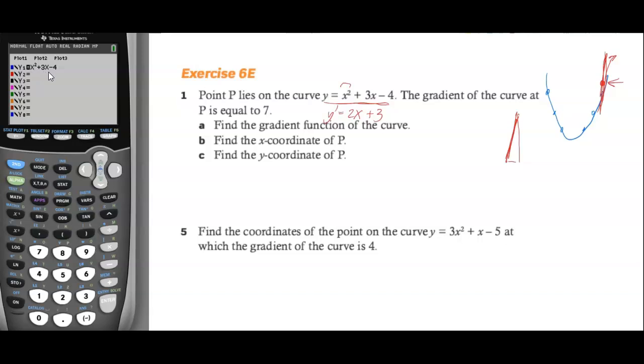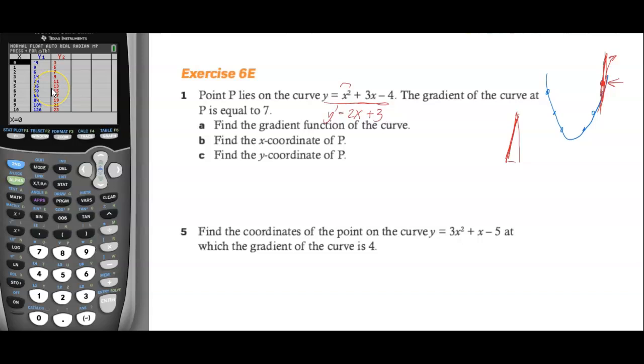For x squared plus 3x minus 4, we put the original function into y1. Next, we put the derivative function, which I like that it's red because it reminds me of the investigation when the numbers were red, into y2. Then I look at the table, and I can see all sorts of numbers.